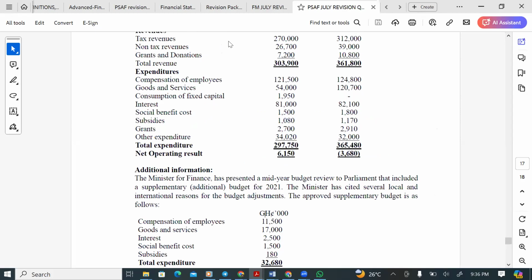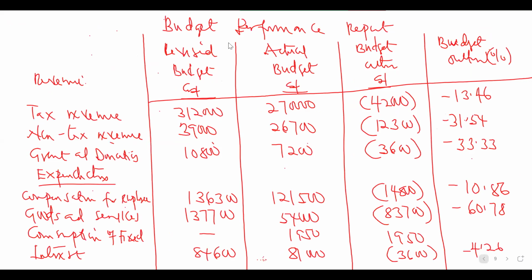Okay. So right now, what are the possible causes of these variances? Tax revenue has reduced by 42,000. What might be the cause for the reduction in the budget for the tax revenue?